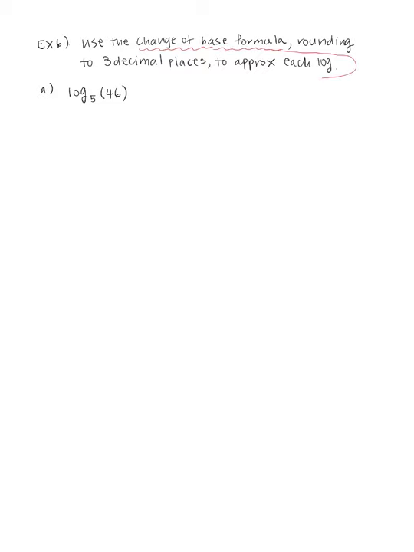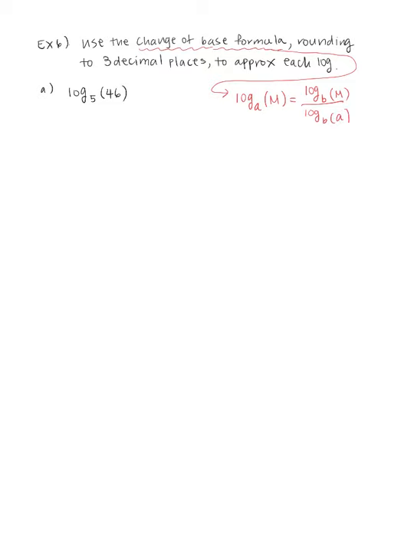Just going to write it over here. The change of base formula says log base a of anything, maybe just m, is the same thing as log base b of m over log base b of a.